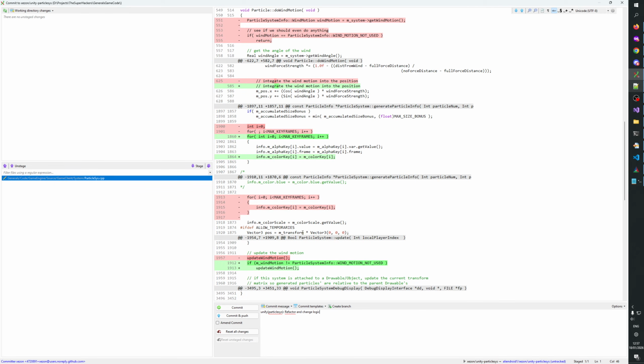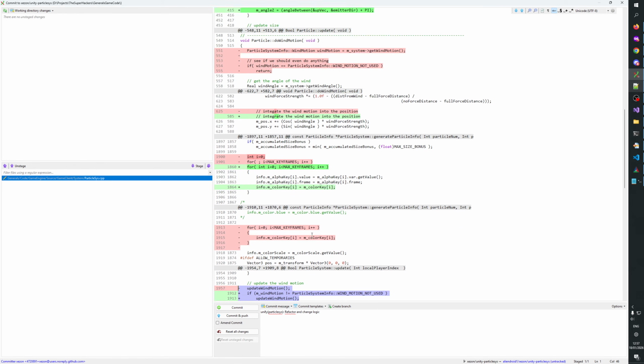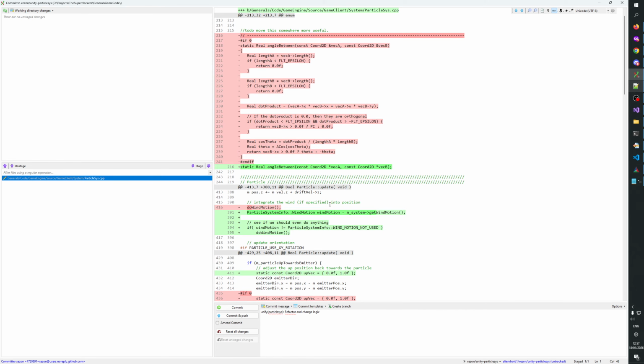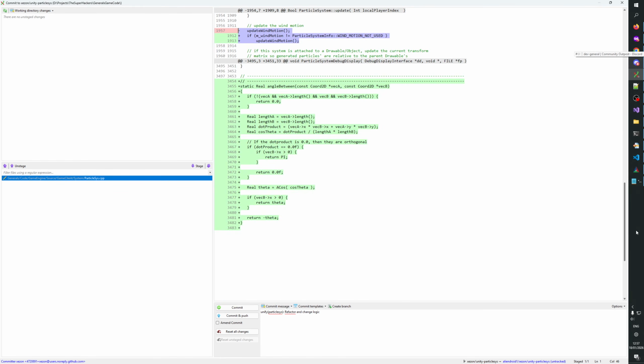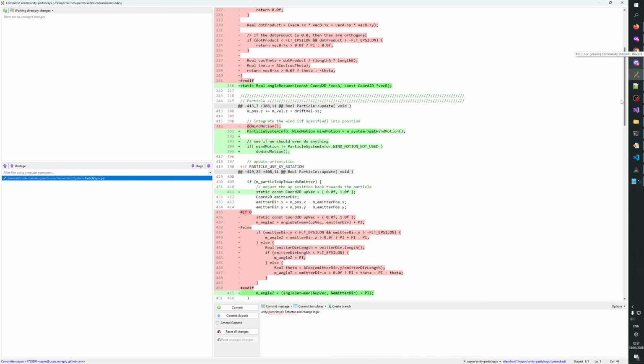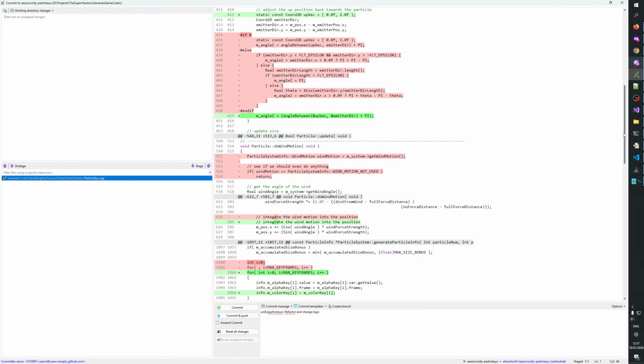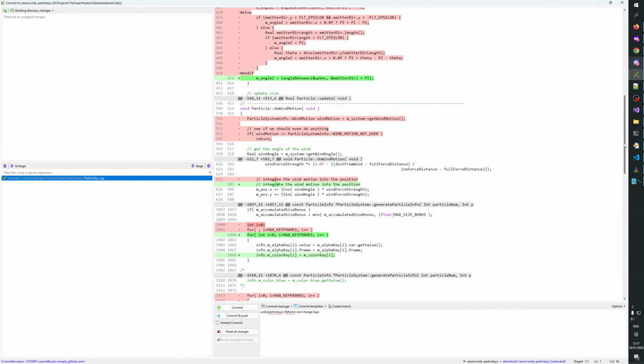And this is not a... Hold on, let me try to understand it. So this one looks like a refactor, doesn't it? This function is also unchanged, right? Angle between. I don't know why this wind motion thing was changed.